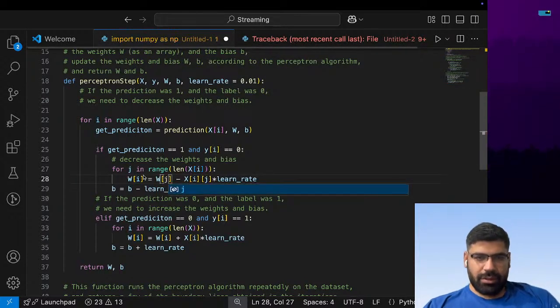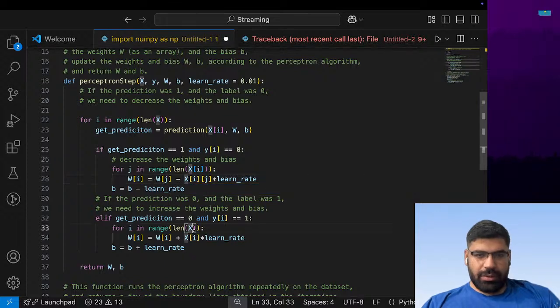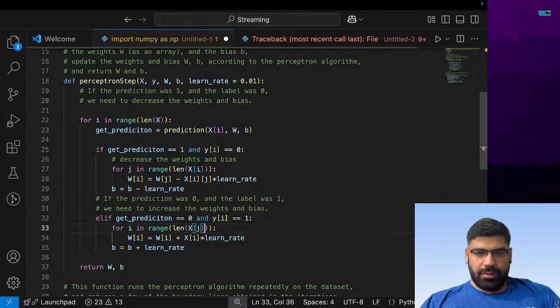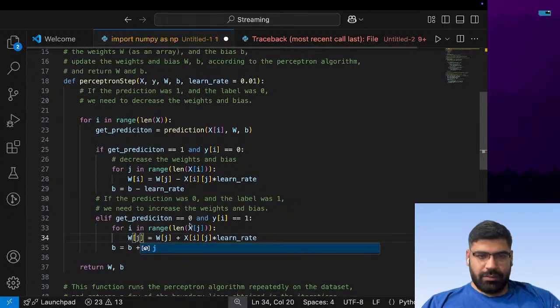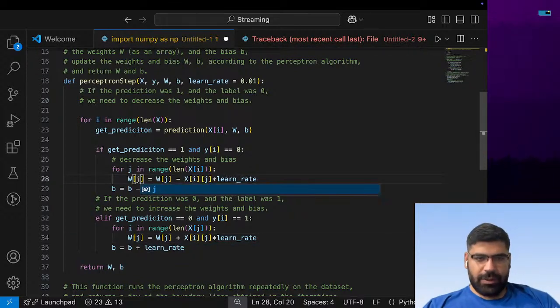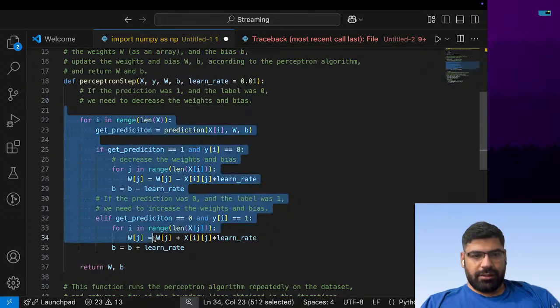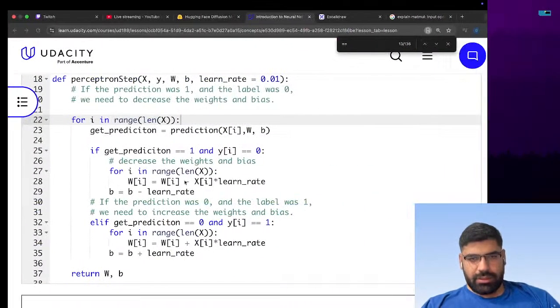This will be J. Same here. This will be J, I, J, J. Weight changes to J. Here it will be J. I think this is our good algorithm right here.